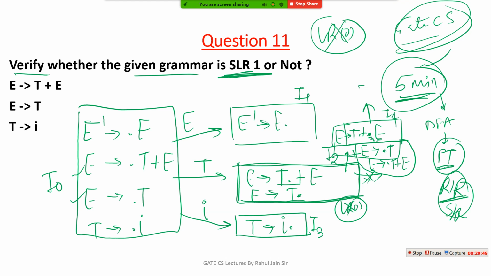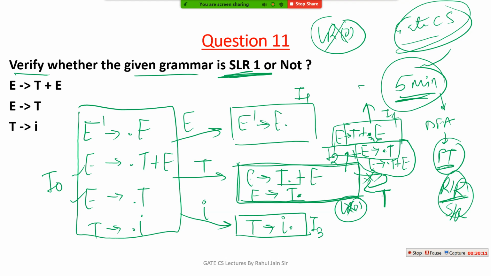Now on T, I am reversing it back. On T, I am again going to I2. On non-terminal T, I am reversing it back to T, right?